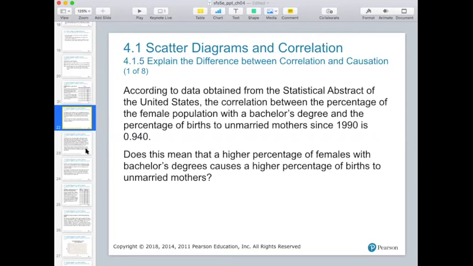But does this mean that the number of bachelor's degrees in females causes a higher percentage of births to unmarried mothers? Think about that and tell me what you think. Does one thing cause the other thing just because we've got that high correlation coefficient?